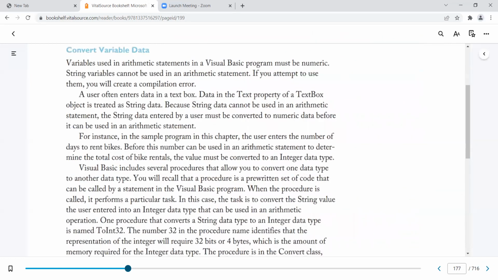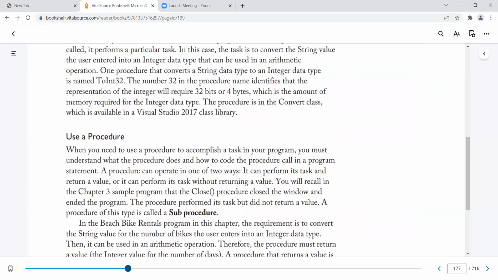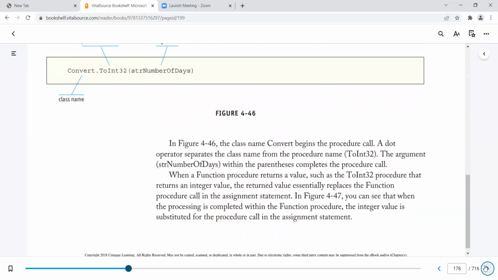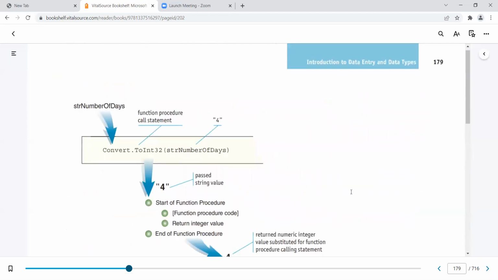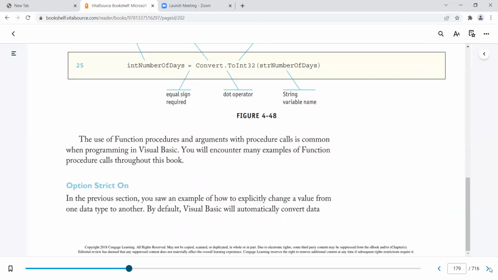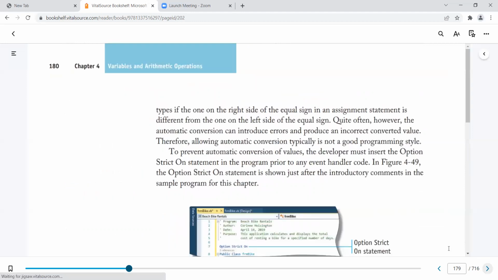Okay, so we know how to convert data types. Now, in today's class, we have to learn arithmetic operations. Option strict on, which we learned last time, means we prevent the automatic conversion. In all high-level languages, not just VB, the computer or compiler always wants to convert automatically.